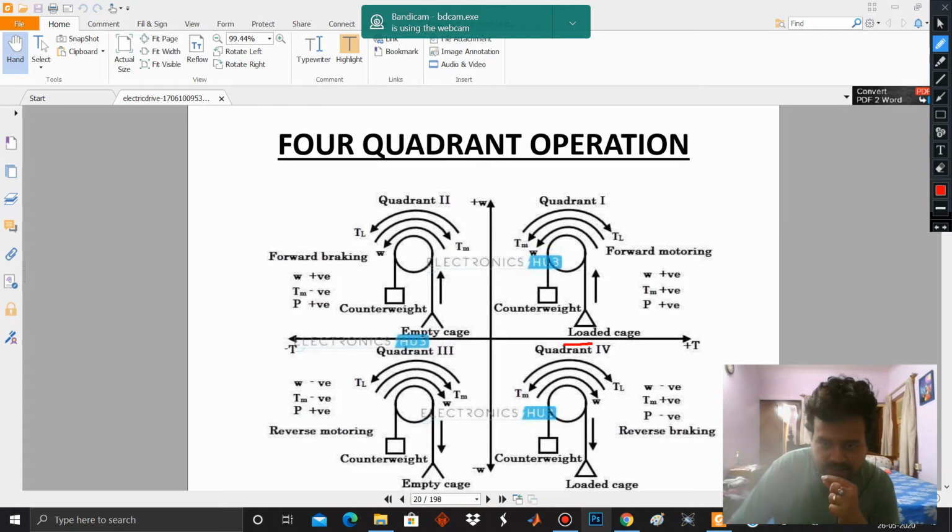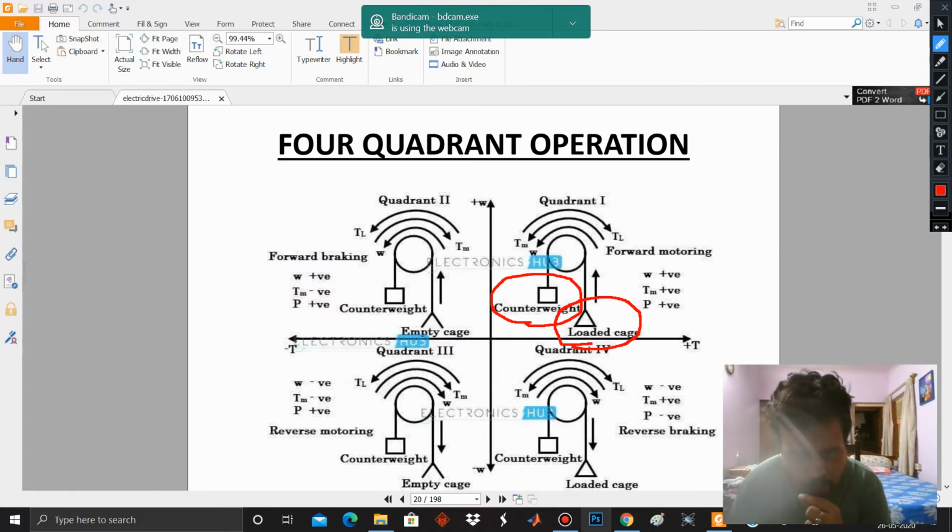There is a loaded cage over here, and on the other side of the pulley a counterweight is connected. So there is a loaded cage on the right side of the rope, and on the left side of the rope there is a counterweight.